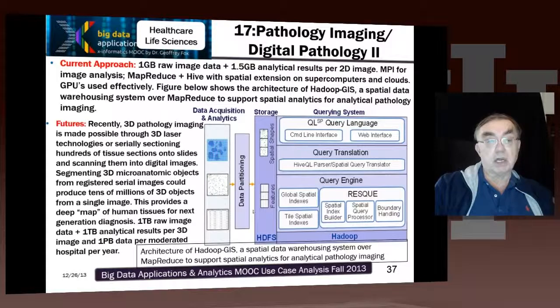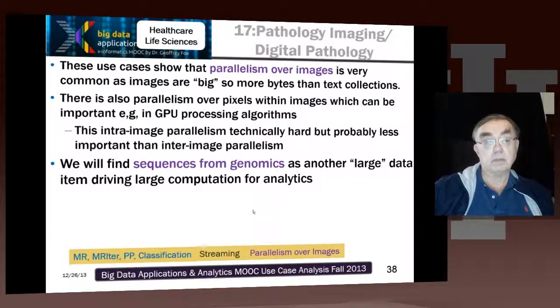A particular hospital might have around a petabyte of data, so this is a big data application. The actual results will probably involve machine learning on the particular images to do the classification of the pathologies. And as these instruments gain in power and the analytics gain in power, we can expect significant progress here.